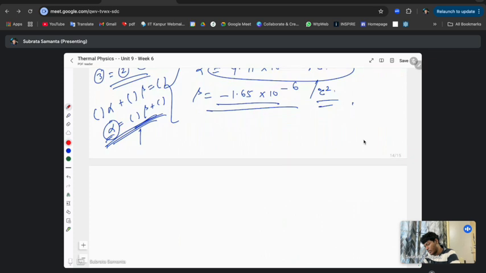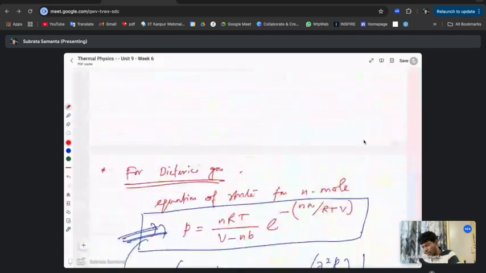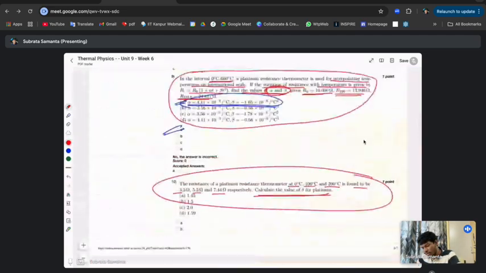So your problem number 10. In problem number 10, first note down the quantities that are given in the problem.